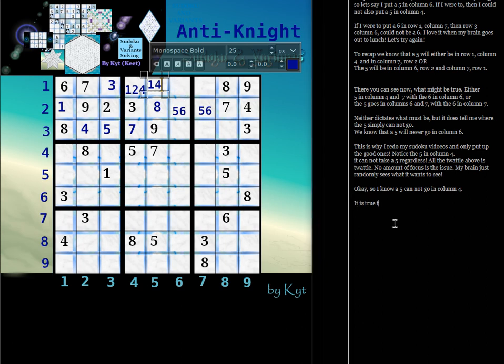It is true that a 2 cannot go in column 5, row 1.